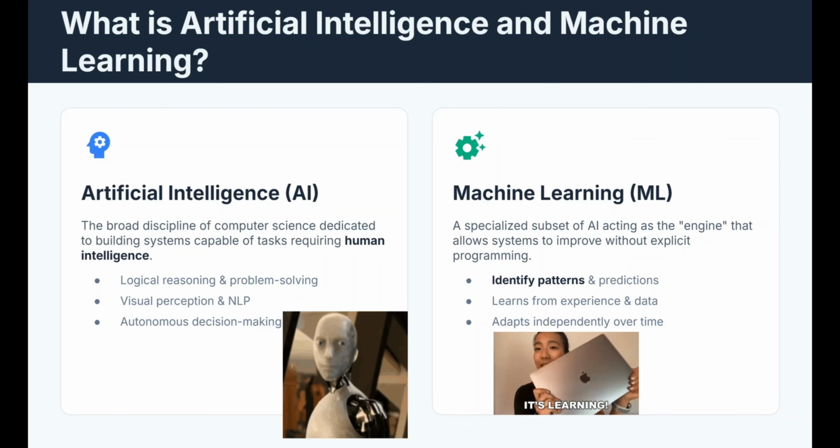It relies on complex algorithms and vast data sets to identify patterns and make predictions, allowing the software to learn from experience. By shifting away from rigid rule based instructions, machine learning empowers computers to adapt to new information independently and to refine their accuracy over time.